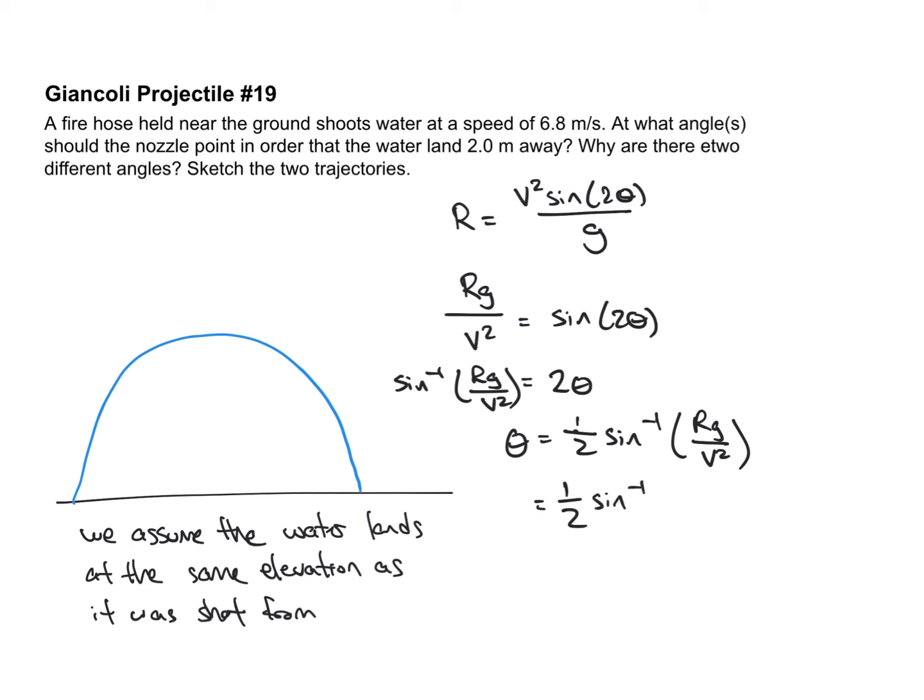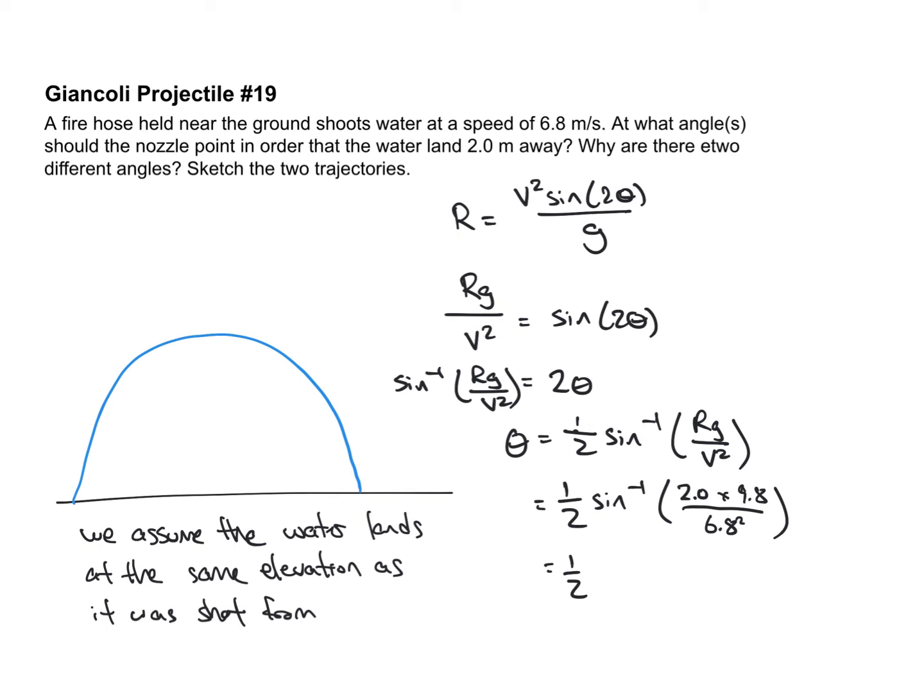I will put the values in here. Range is 2. G is 9.8. Velocity squared is 6.8 squared, or speed squared is 6.8 squared. Now this will result in 2 answers.